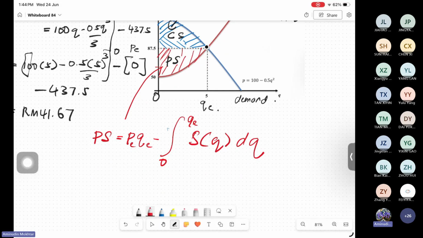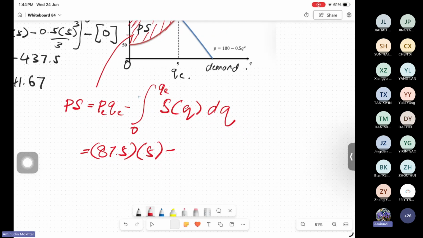So PE QE again is equal to 187.5 times 5, minus the definite integral between 0 and QE. QE is 5 for demand. For supply, it is the integral of 50 plus 1.5Q dQ.